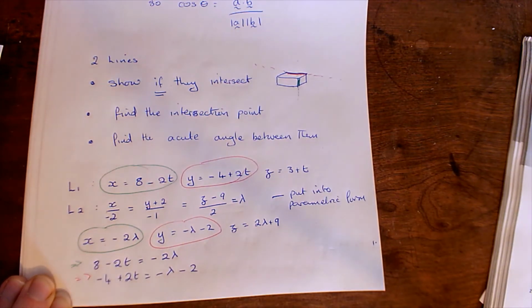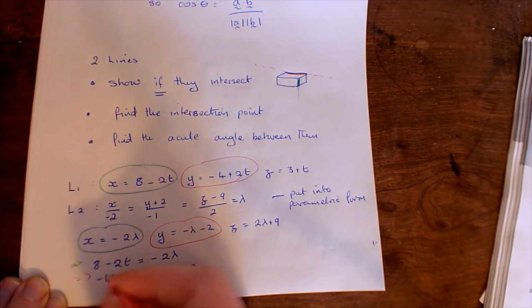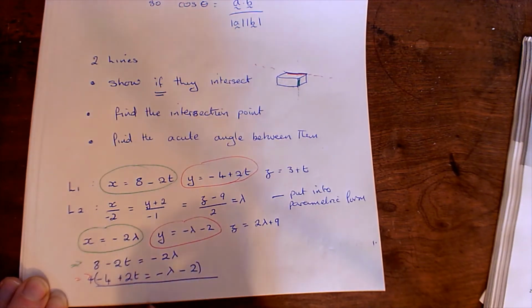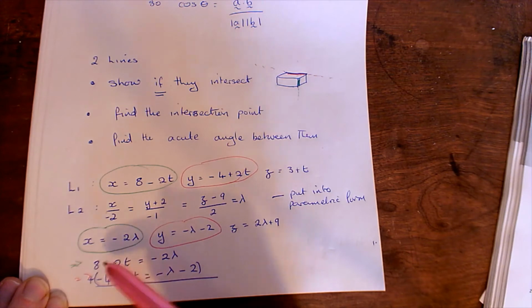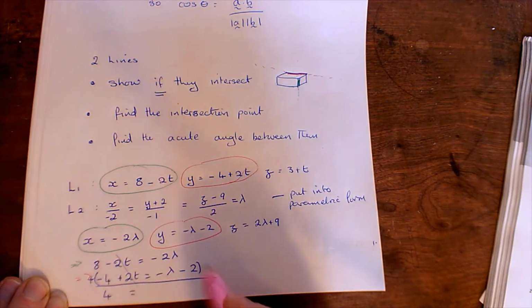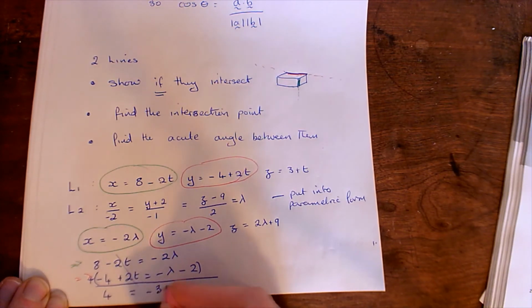And if we add those two together, then we're going to get rid of the t's. So let's do that. So put plus in there, we're adding all of that, and we're seeing what we get. So those cancel. 8 plus negative 4 gives you 4 equals minus 2 lambda plus another minus lambda gives you minus 3 lambda.